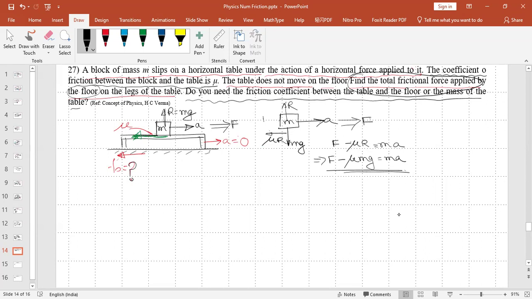Now, if you take the table as a free body diagram, then this is a frictional force on the left-hand side on this mass. So there is a same frictional force here, which is equal to mu R, which is equal to mu small m g.